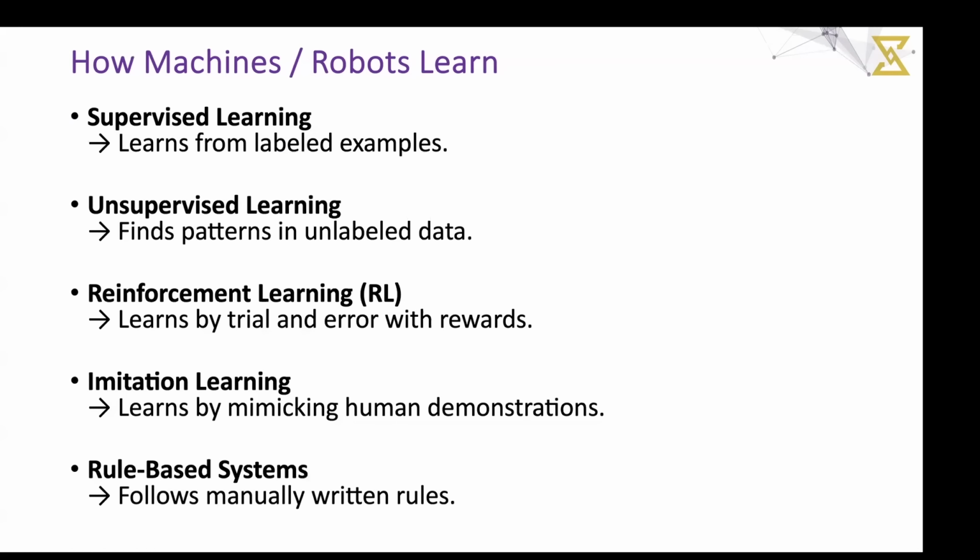So, how do machines learn? There are really 5 ways that AI machines or smart robots learn. The first one is called supervised learning. For example, your email filters learn how to mark your emails as spam by training on thousands of emails labeled as spam or not spam.